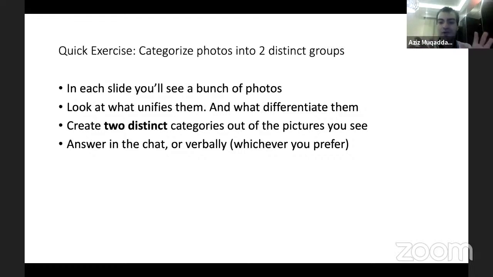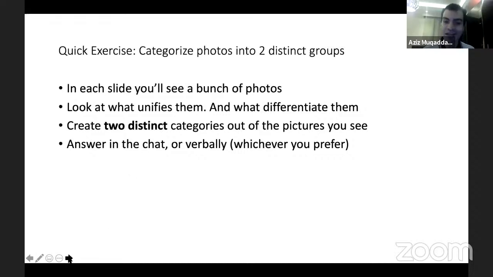So you see a bunch of photos, you tell me two categories, and one half could belong to one category and the other half would belong to the second category. You can answer in chat or just verbally, I don't mind. So you see the pictures and tell me what two categories you can think of, okay?